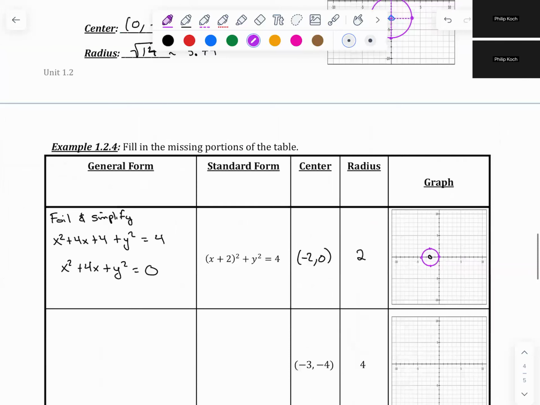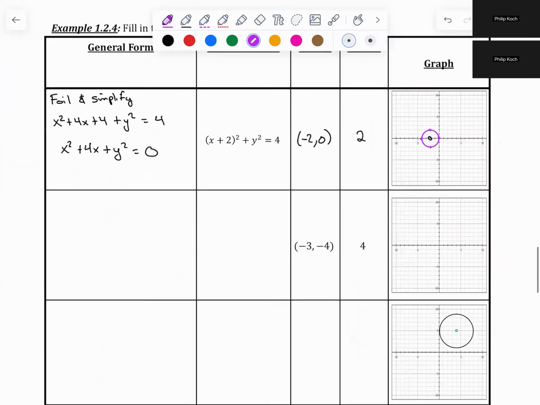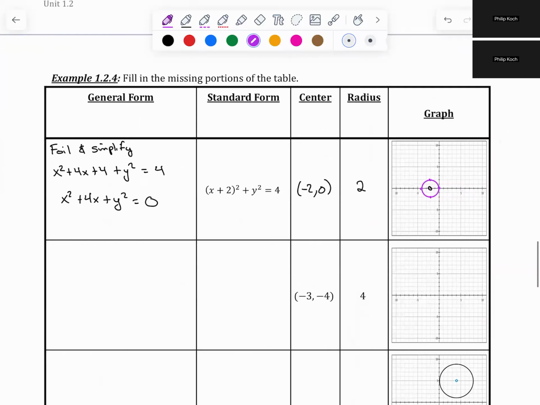All right. That one we've already done. But what if we're given the other stuff? What if we're given random pieces? How would I find standard form here? Standard form of a circle is, and it's always good to practice, (x minus h) quantity squared plus (y minus k) quantity squared equals r squared.